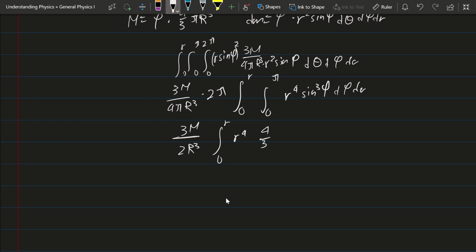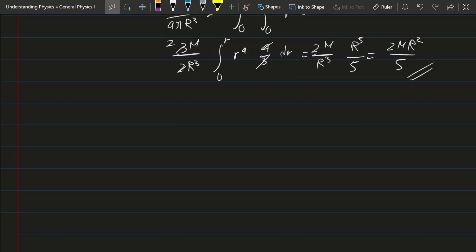And so dr. So this will cancel with this, left over with a 2 at the top. So this will be written as 2m over r cubed, and then solving the integral of r to the power 4, it will be r to the power 5 over 5. And doing this will be 2m r squared over 5. And this is the moment of inertia for a solid ball.